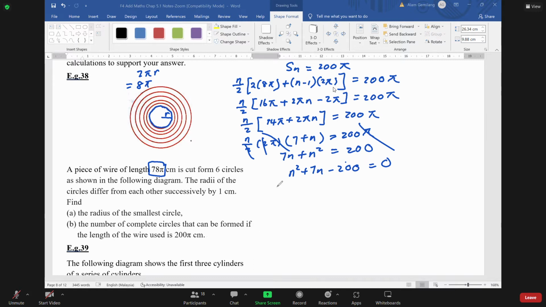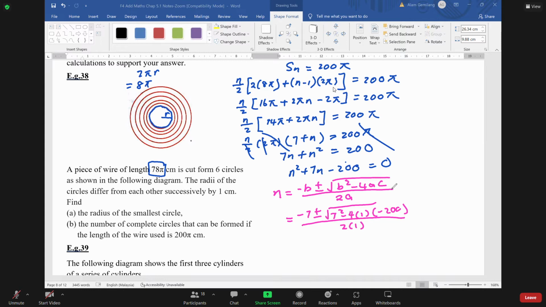Still remember the formula? n equals negative b plus minus square root of b square minus 4ac, over 2a. So it's negative 7 plus minus square root of 7 square minus 4 times 1 times negative 200, divided by 2 times 1.